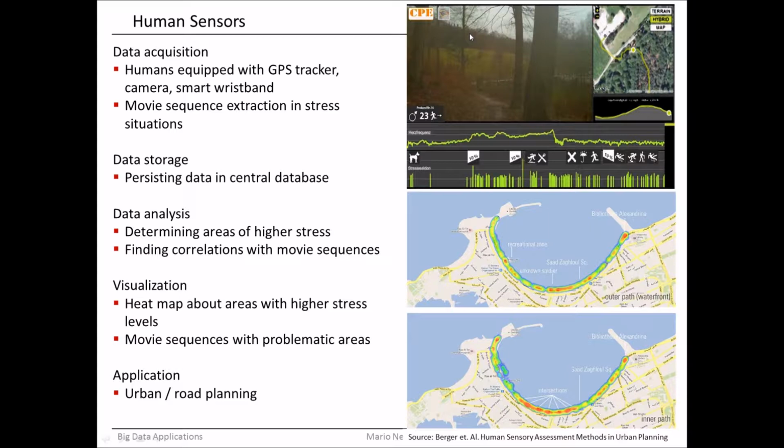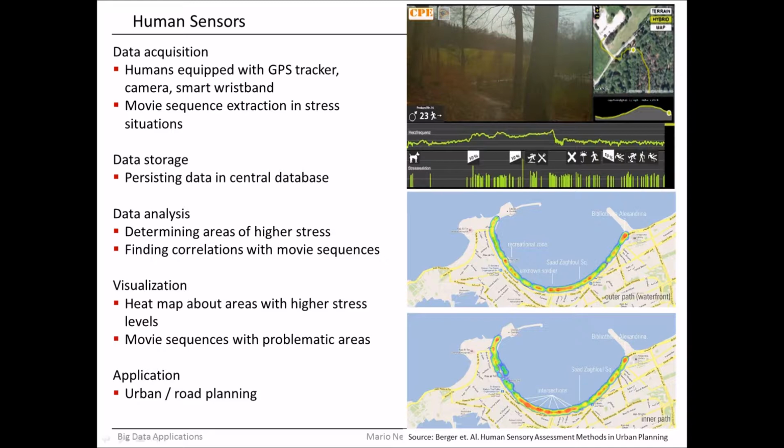You can then have a look at the road, at the path you're walking on, and find maybe the reason for this higher stress. So higher stress, as you can see it here in the picture on the upper right side, maybe you walk along a path or you ride along a path with a bike, and then the road maybe is a little bit creepy, then you have higher stress when you are in this difficult part of the path.